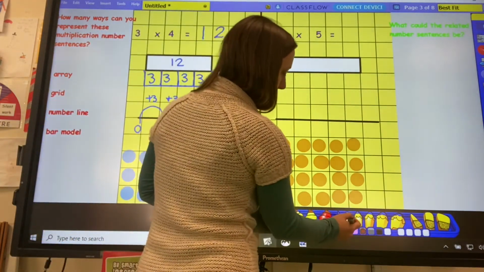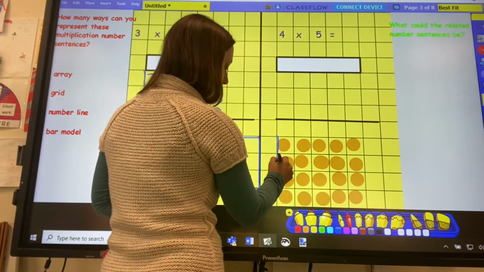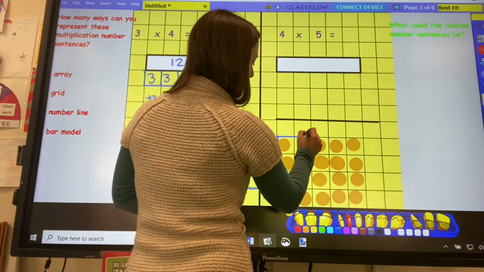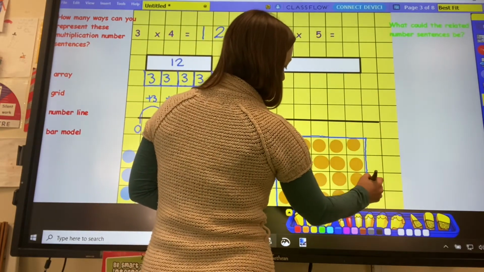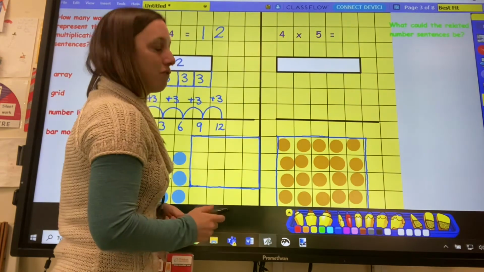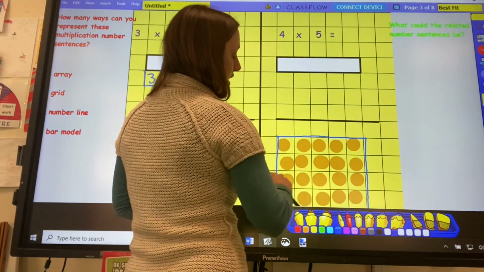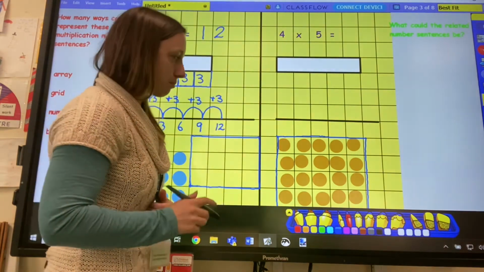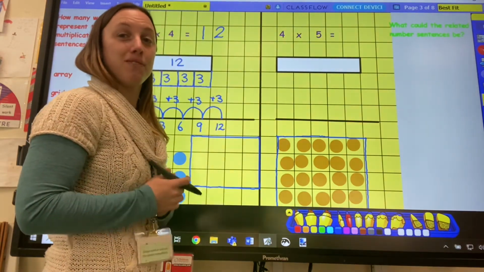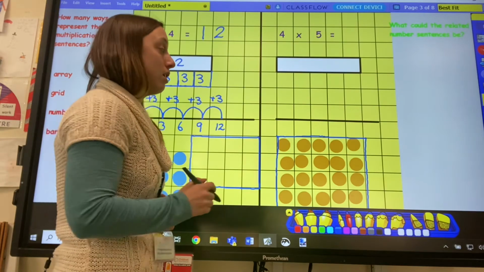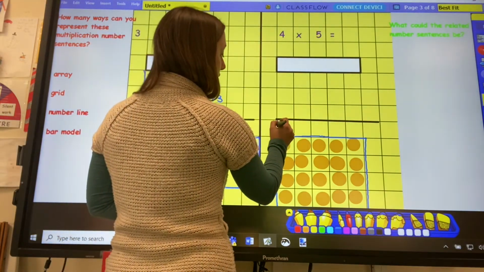Now I could use that and turn it into my grid. You could make a separate grid if you wanted to. But again, I've got my squares that show 4 groups, each with 5 in it. Now I'm going to see if I can count in 4s to get to my answer. I'm going to do it 5 times on my number line.